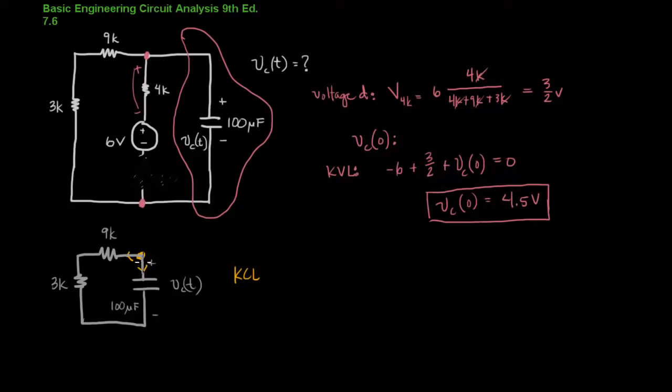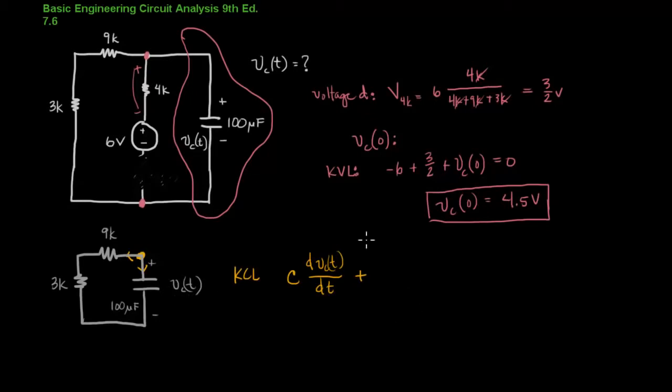Okay, so right here, we're using C dVc(t)/dt. And then here we'll be using Vc(t), because that's the only thing supplying a voltage, right?